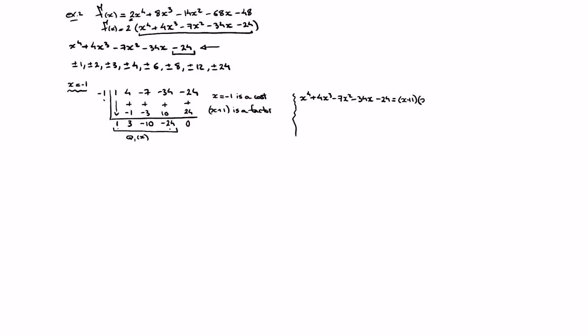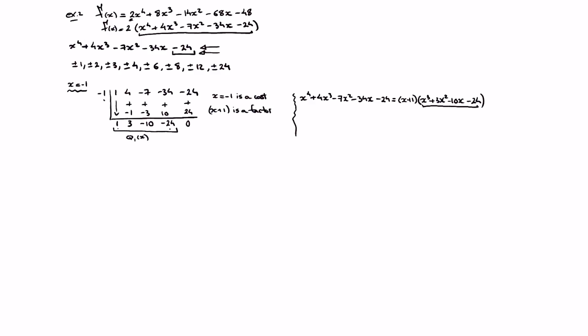So that would be x to the power of 3 plus 3x squared minus 10x minus 24. Okay, so now that we've done this, we're no longer going to focus on our initial polynomial function that we had up here. Instead, we'll focus on q1 of x and try to find its roots, since it will have the same roots as f of x.